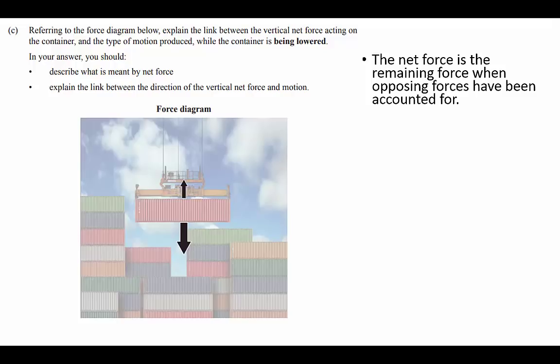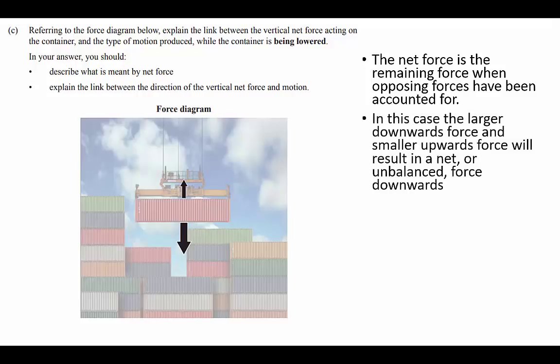So we might use words like resultant force or the overall. So if the large arrow represented 20 newtons and the smaller arrow represented 8 newtons, then our net force would be 12 newtons, 20 minus 8. So in this case the larger downwards force is opposed by a smaller upwards force, and that means that the net force is downwards.